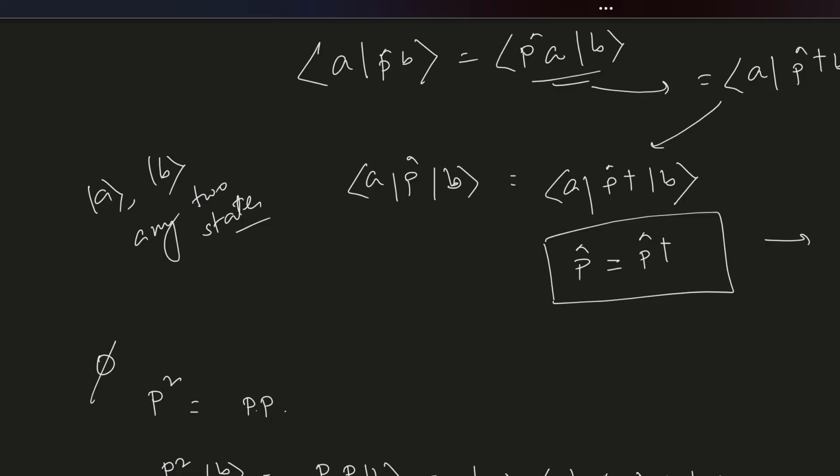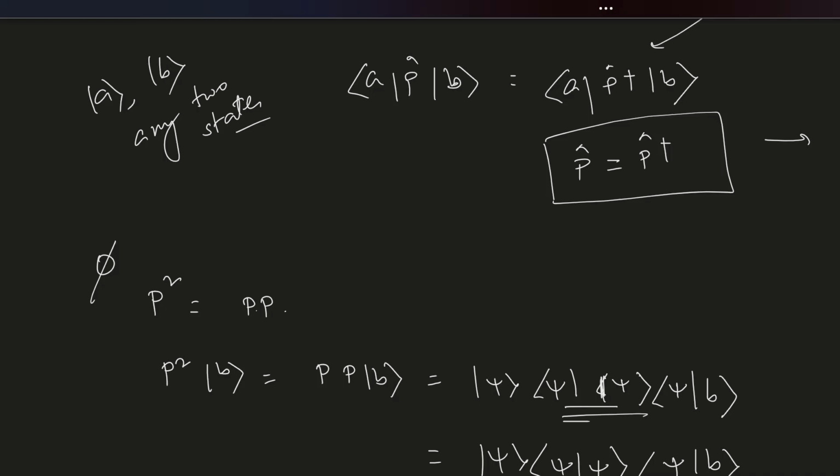Psi bracket psi is basically mod psi whole square, which is equal to 1, because psi has to be normalized. The remaining term is just psi B psi.